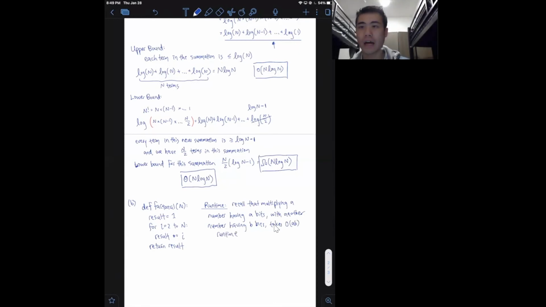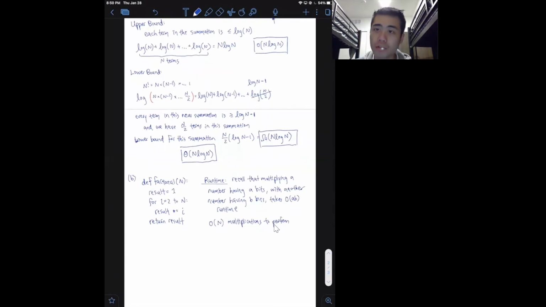So let's look at how much time it takes to do all this multiplication with our function. We know we have O of n multiplications to perform here. And why is that? That's because we're multiplying n times n minus 1 times n minus 2 all the way to 1, right? And how long does each multiplication take?